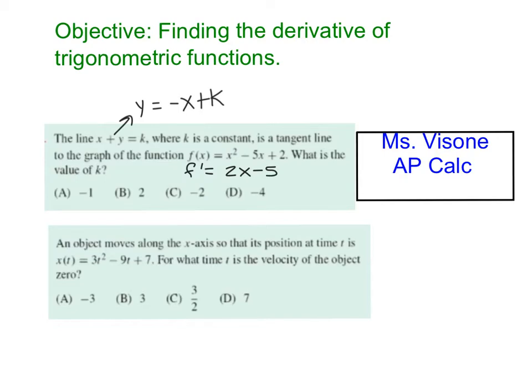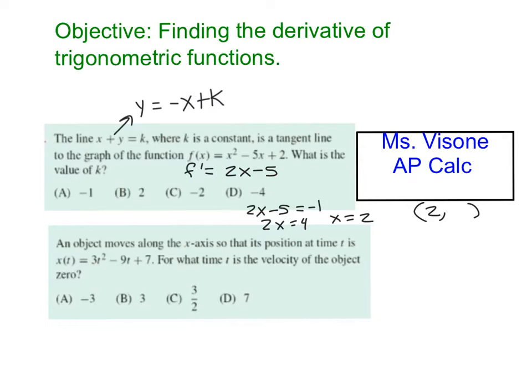So we say the slope, 2x minus 5, equals negative 1. So 2x equals 4, x equals 2. So we have the point 2, comma, and then what's the y value that goes along with that?